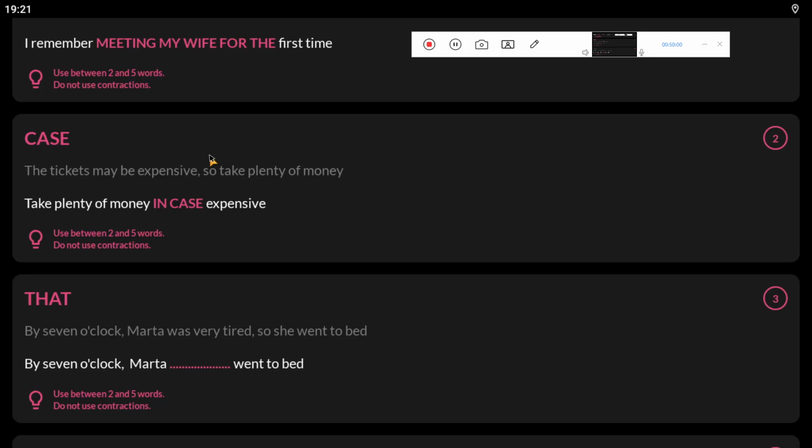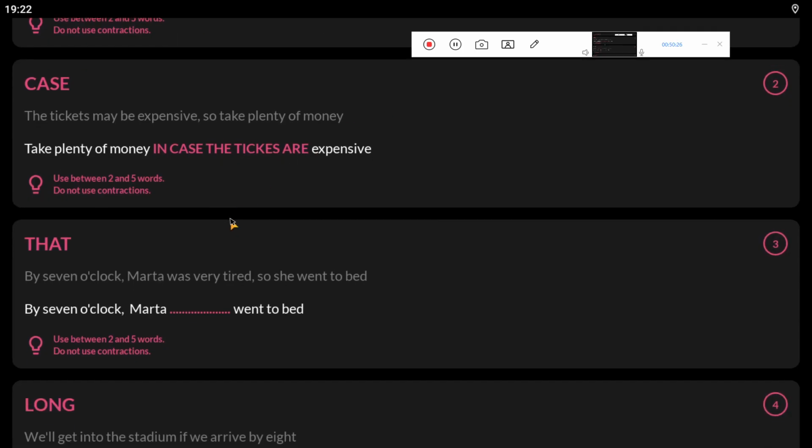In case. What is missing? The tickets, in case the tickets will be expensive. In case the tickets are expensive. In case the tickets are expensive. Do not forget.